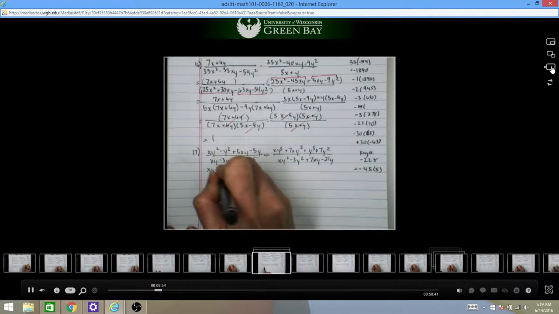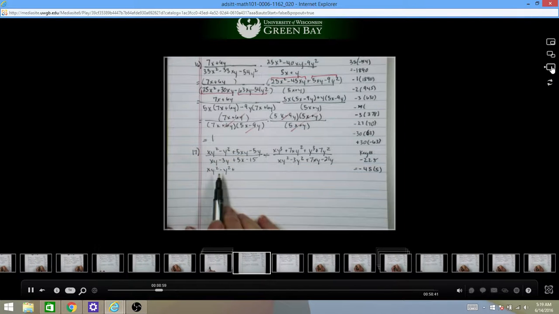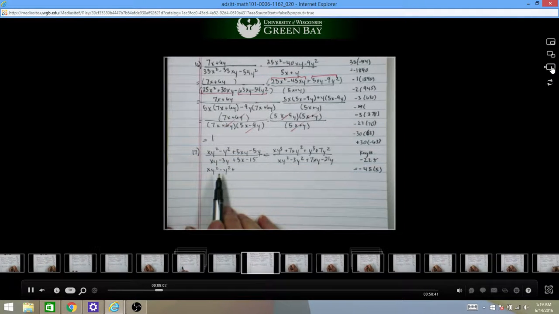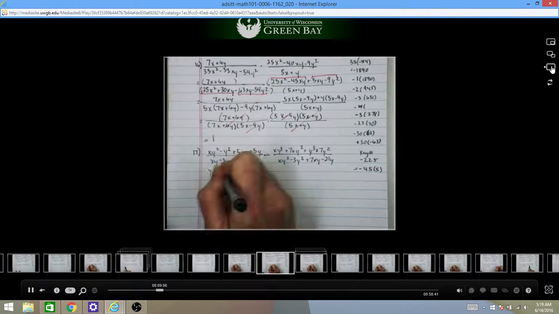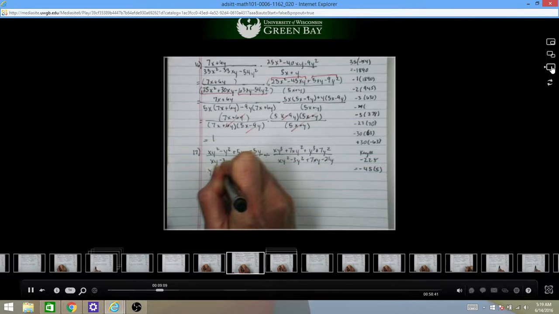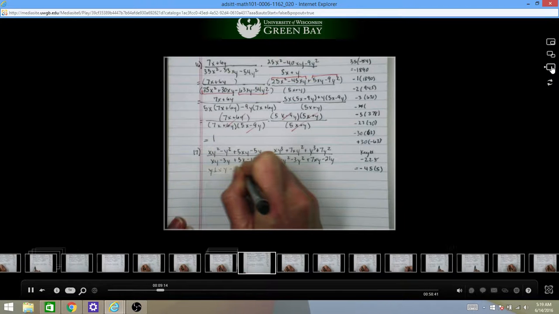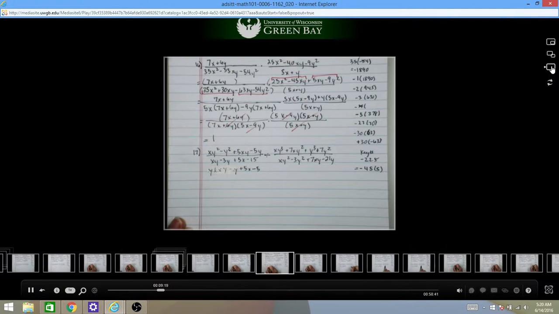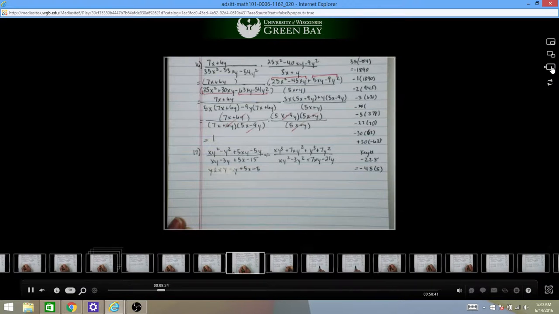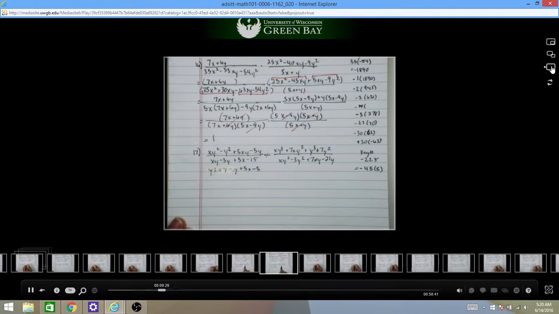I see a greatest common factor on this first numerator is a y. So let's just factor off a y while we're doing this, okay? So y times xy minus y plus 5x minus 5. There's a greatest common factor of y on this denominator that I'm flipping to put in the numerator.